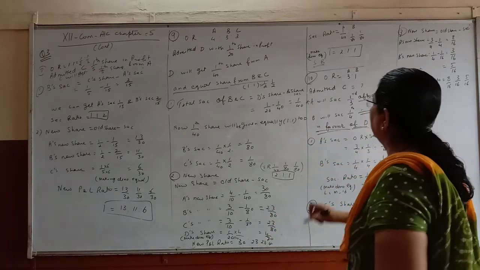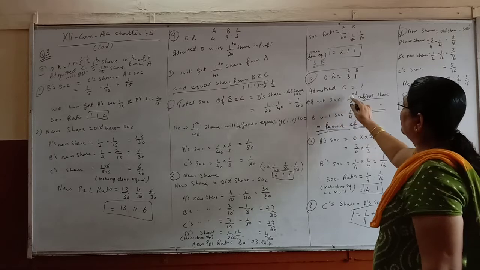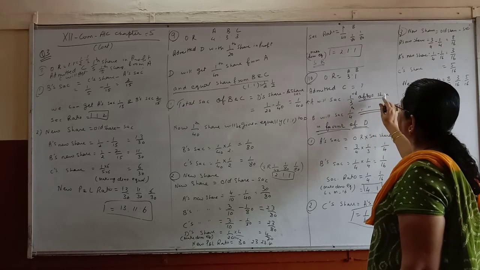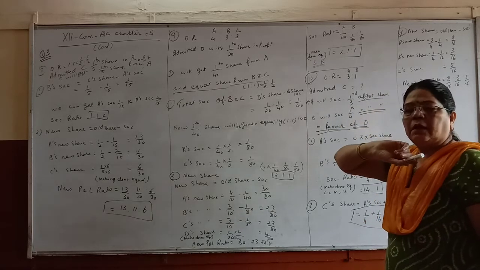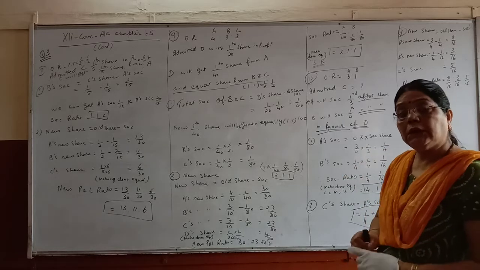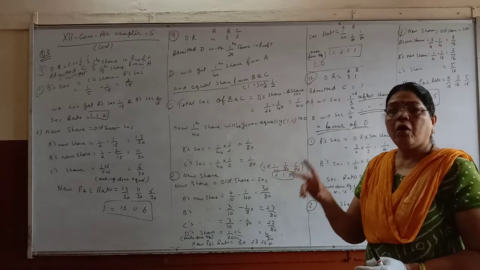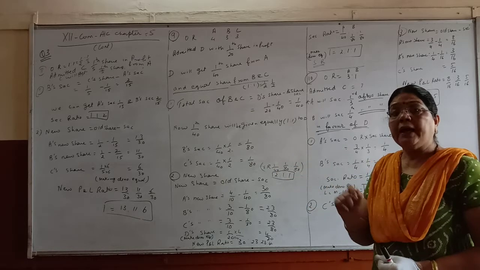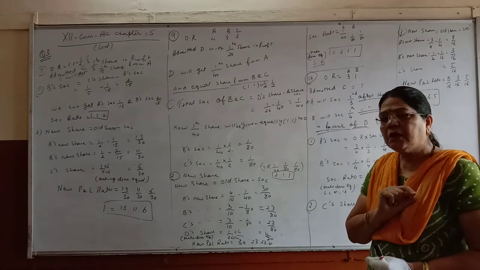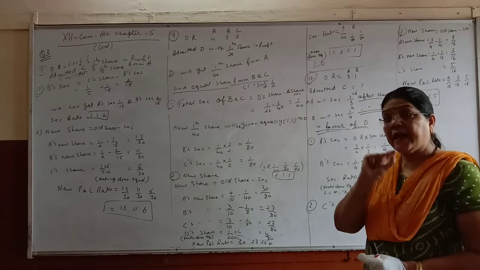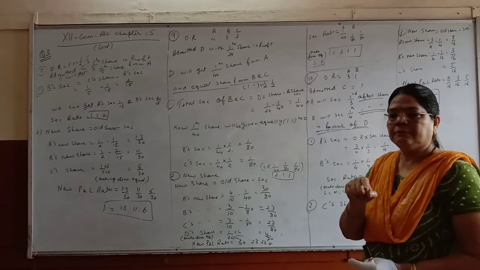Now in this sum, A will sacrifice 1/3 of his share. Now of his share means what? His share was how much? That share is 3/4.